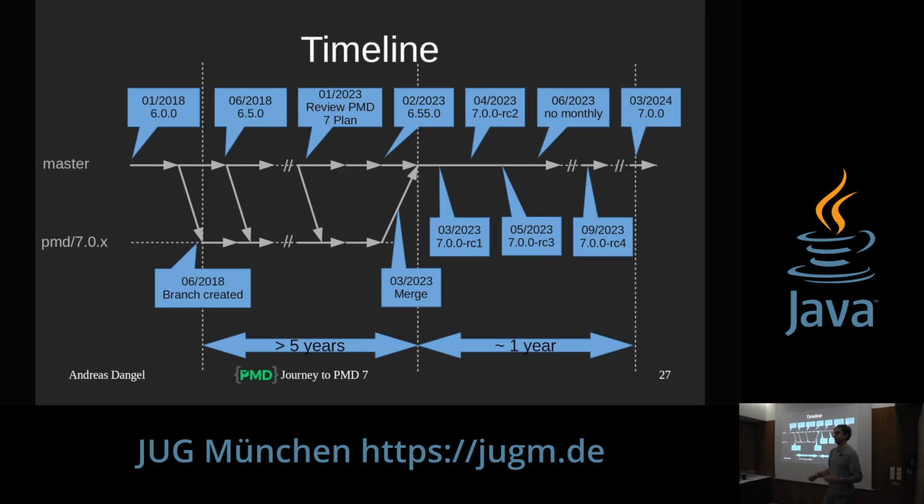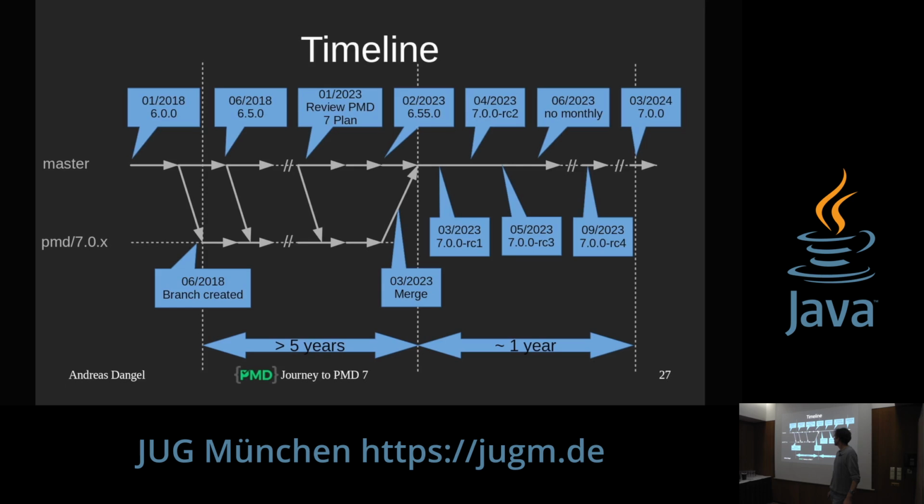So we developed in a separate branch, and meanwhile we did regular merges from the main branch to the PMD 7 branch. And from the main branch, we kept on releasing new versions for PMD 6 with bug fixes and new features when there was some contribution.